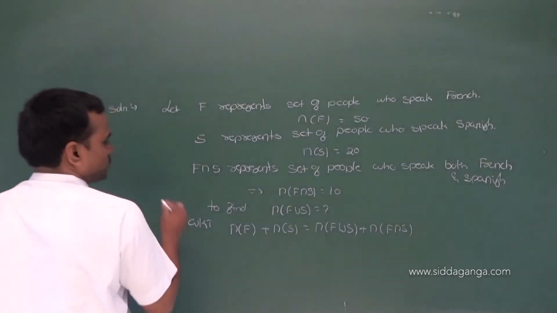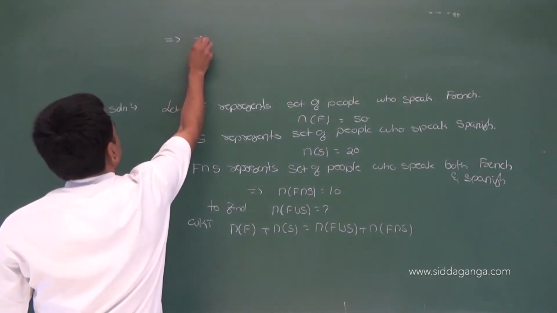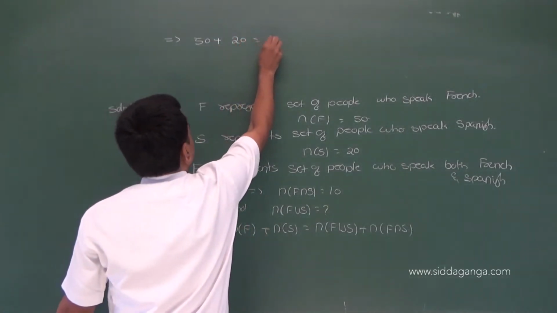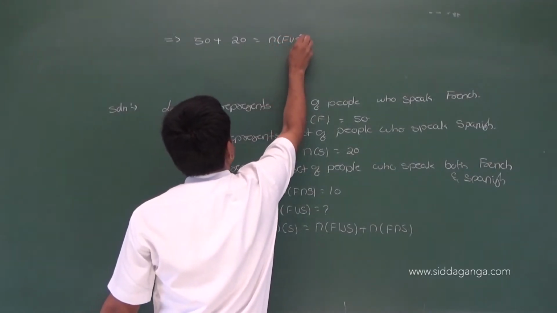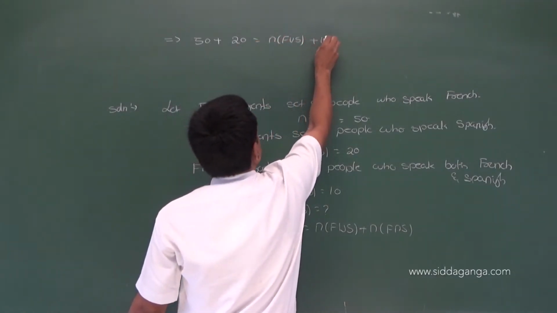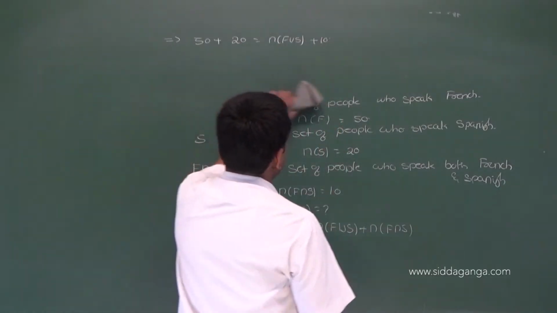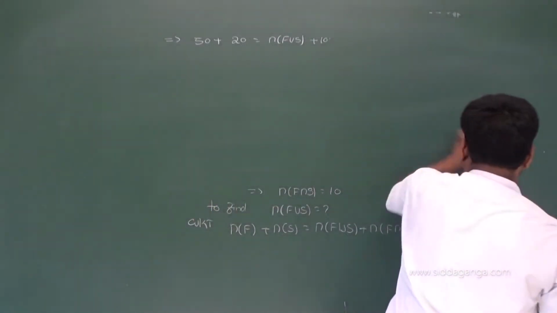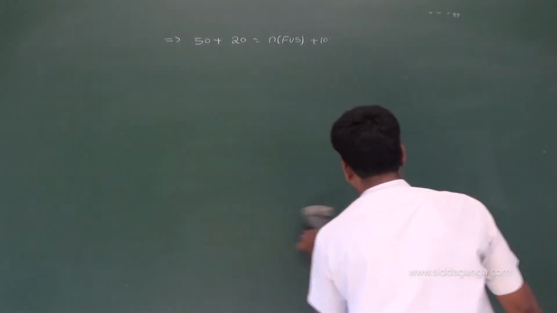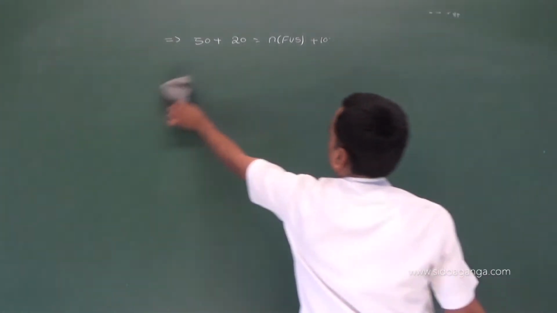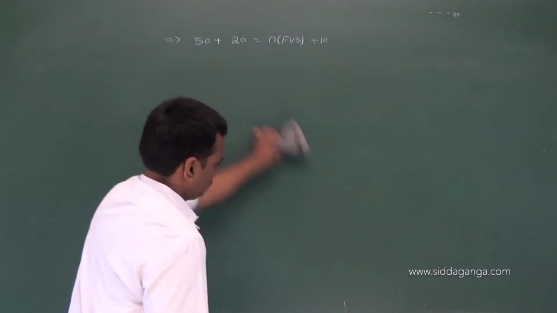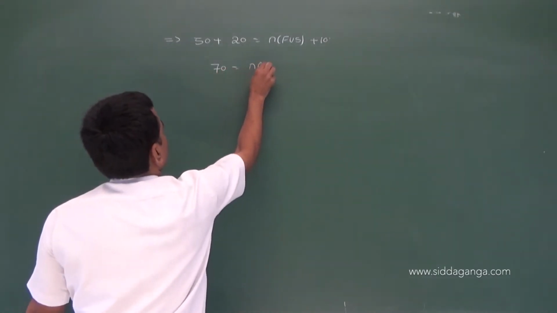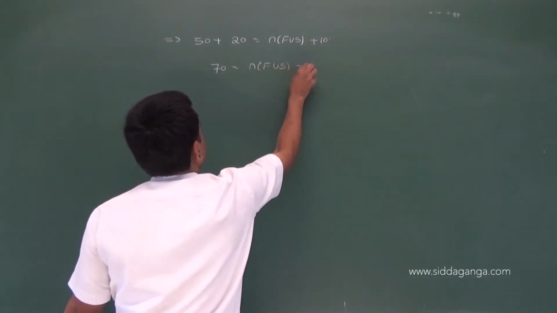Okay, we substitute all the values. N of F is 50 plus n of S is 20, equal to n of F union S that we want plus n of F intersection S that has given 10. That is, 70 equals n of F union S plus 10.